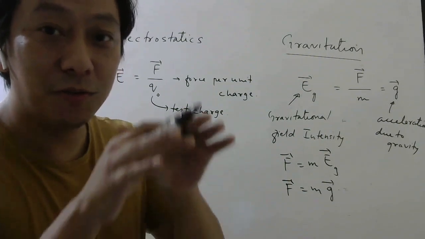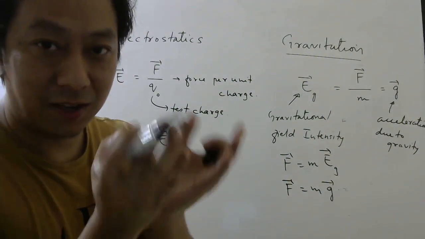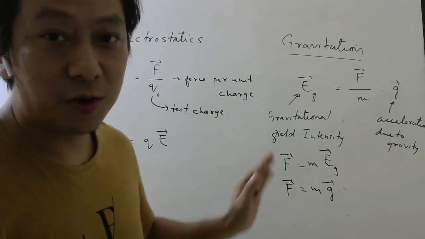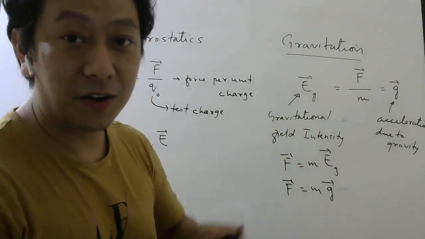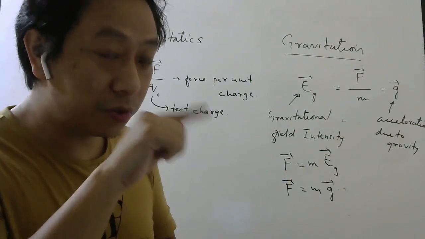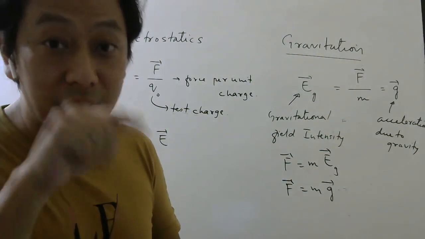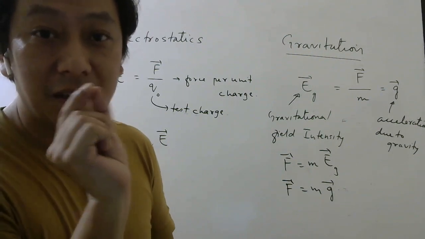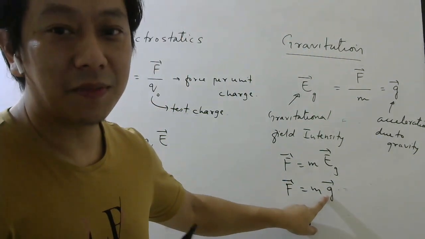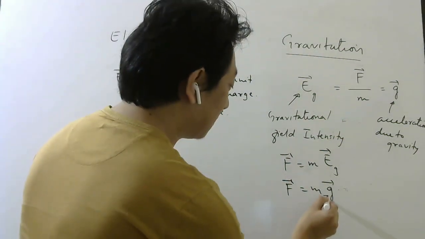That is only true for spherical mass. Spherical mass that also near the surface. Just now I showed you gravitational field for line mass. For line mass, the formula was 2G lambda by r. So it depends on r. So it is not a fixed value. So don't think that this is 9.8 all the time. When is this 9.8?